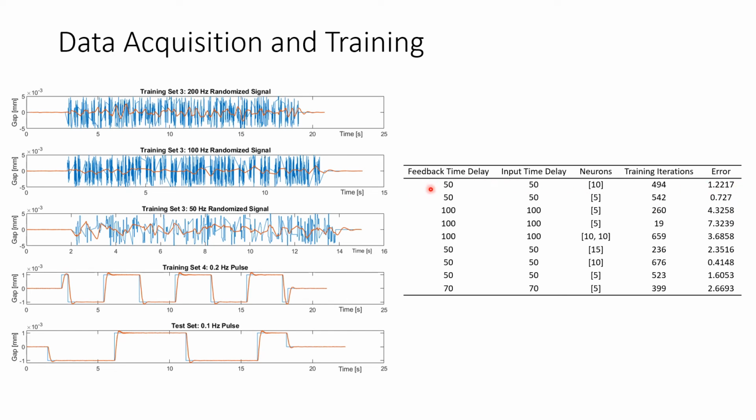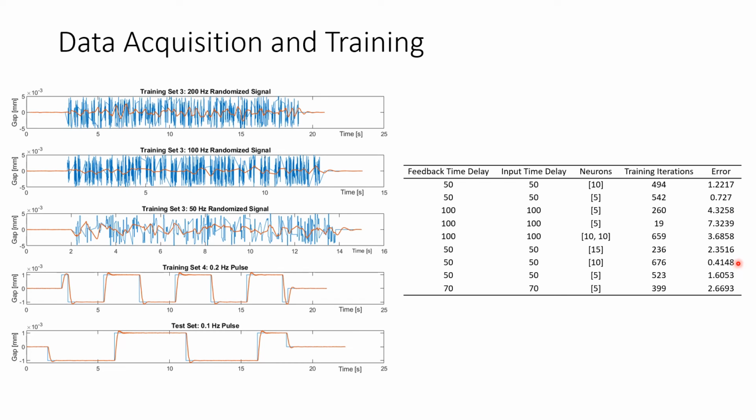So these are the training experiments. Every row represents one training experiment with different hyperparameters, and we can see that in the 7th row, the error is the lowest. This error is showing the difference between the actual output of this test set and the predicted output of the neural network, the absolute error.